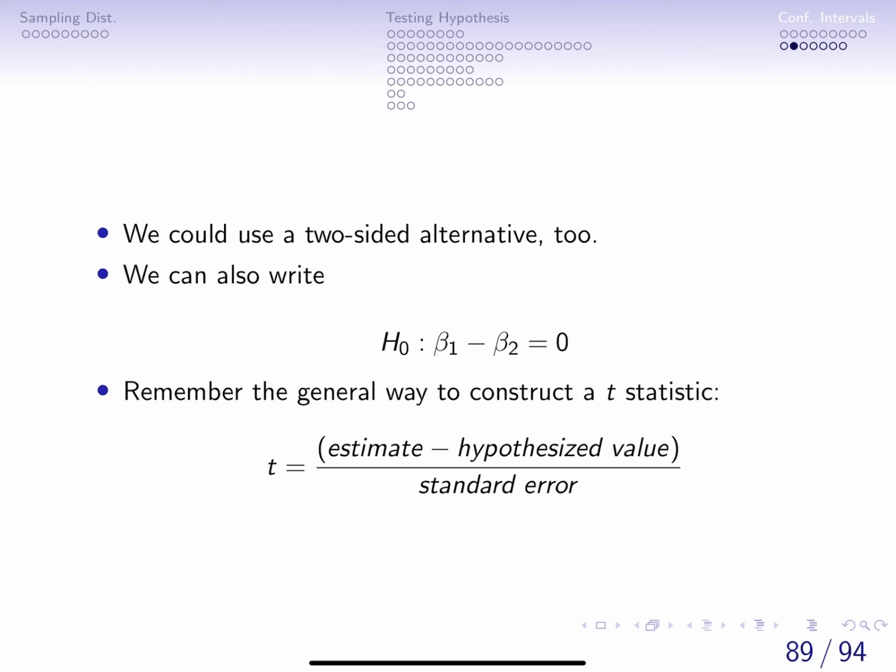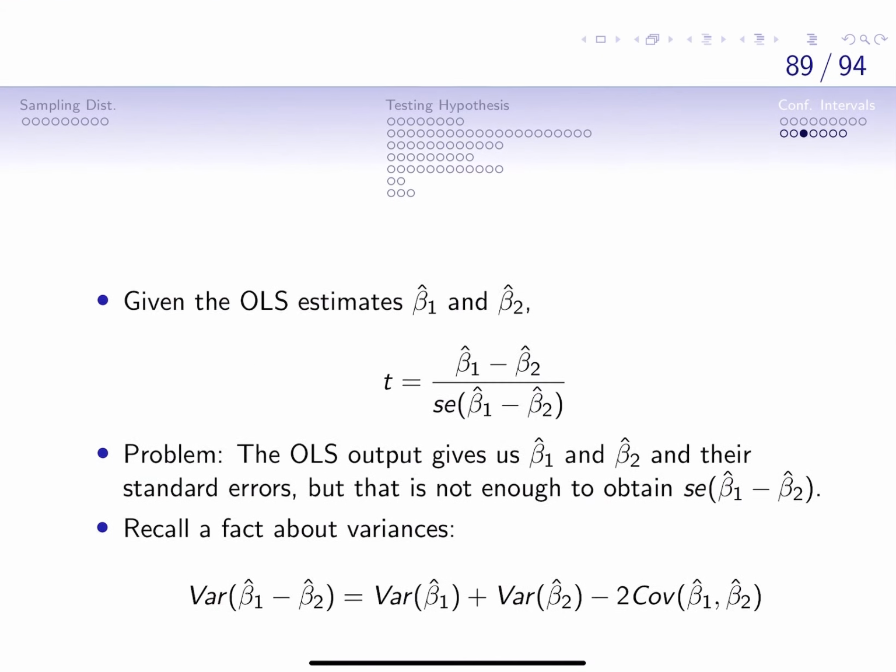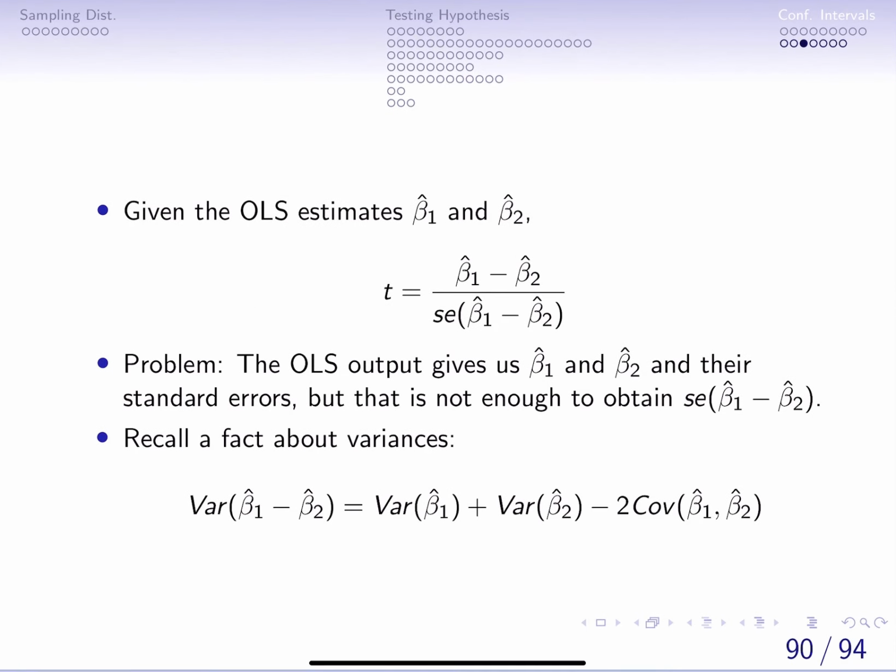Remember that the way to construct your t statistic is still the same. We take the deviation of the estimate from the hypothesized value and divide it by the standard error. In this case, we are really looking at two betas. If we want to make it more consistent, we are looking at the beta hats for junior college and university.